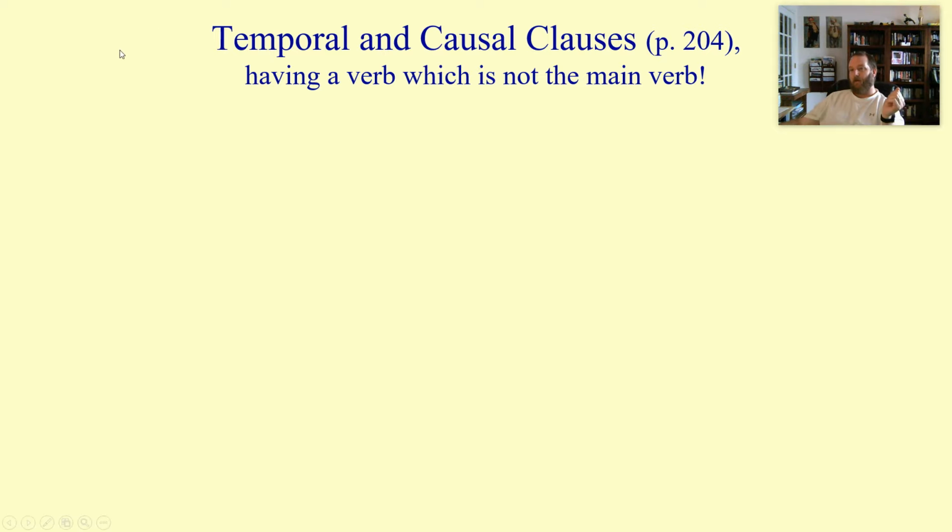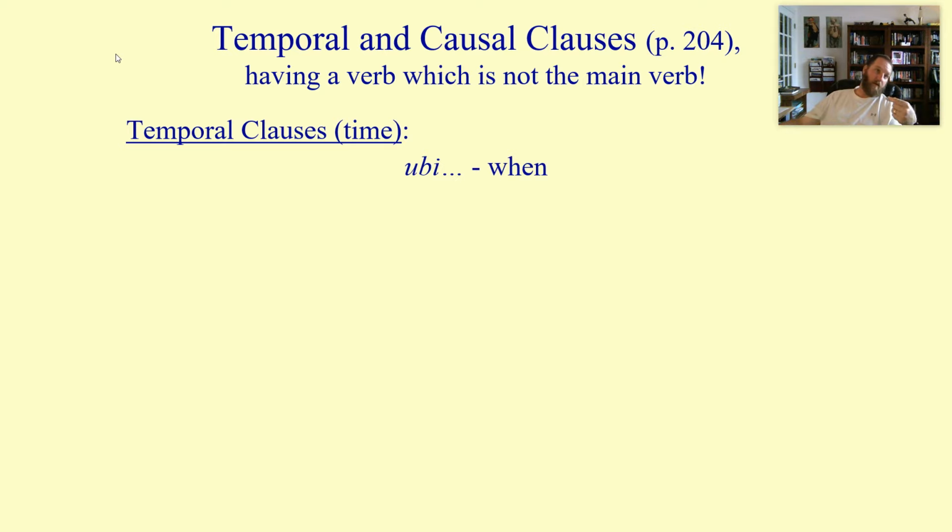A temporal clause specifically, you'd probably tell by its name, shows time, right? Temporal clauses show time. A couple words we've already learned that could introduce temporal clauses. One of them is ubi, of course, meaning when. So when this happened, and then you bring in the main part of the sentence after that. Another one that just came up in yesterday's chapter, ut, meaning as or when.